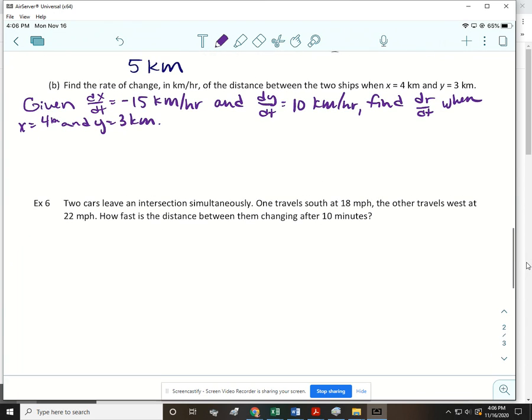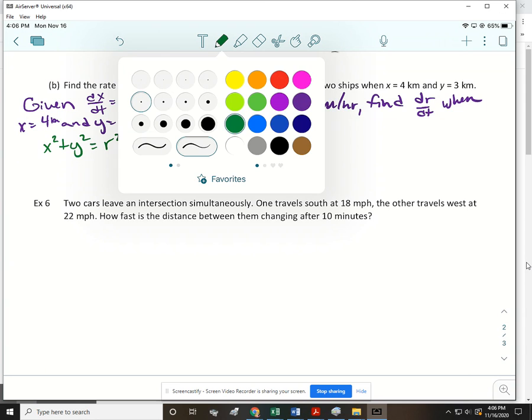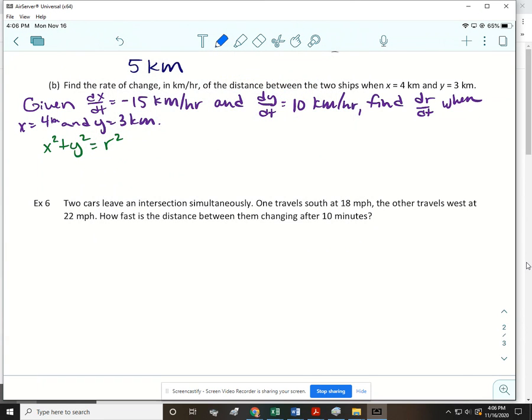Okay, so this is the Pythagorean theorem. x squared plus y squared equals r squared. All of these things are changing, so we would find the derivative here. And we want to find dr/dt.